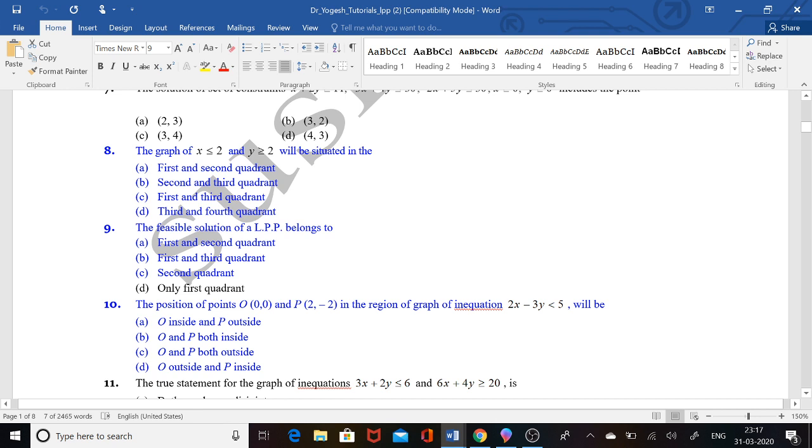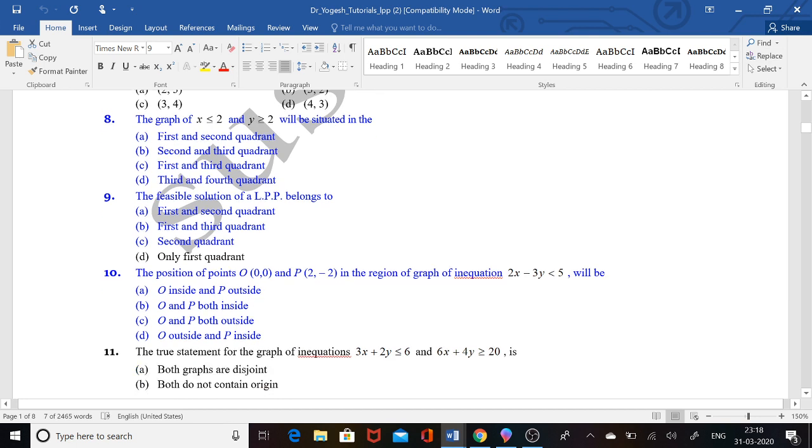In the second quadrant you will get negative values, and in the third quadrant it is the same, negative values. Only in the first quadrant, because your variables x1 and x2 always have to be greater than or equal to 0. So the answer has to be D.